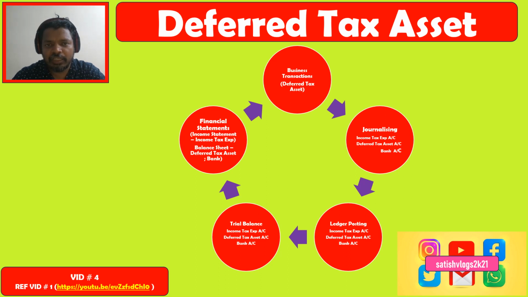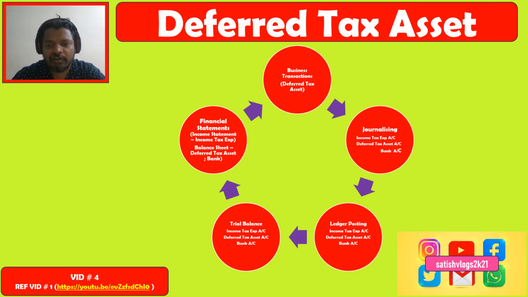Now let's move to the third phase of an accounting cycle, which is the ledger postings phase. How does this work? For whatever journal entries are journalized as part of my second phase, for all those accounts, I would be creating the ledger accounts in my third phase. What are the accounts against which the journal entries were made in the second phase?